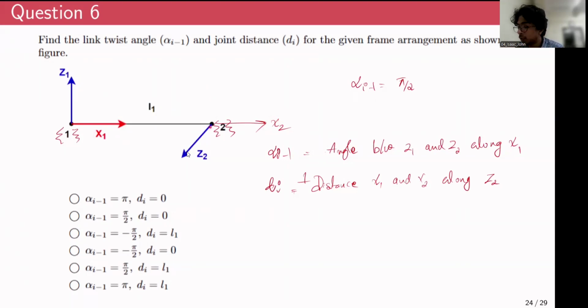So there is no need for you to move along Z2, as there is essentially no perpendicular distance between X1 and X2. So that makes d i to be 0, basically, because X1 and X2 are lying in the same plane, so there is no perpendicular distance between them.